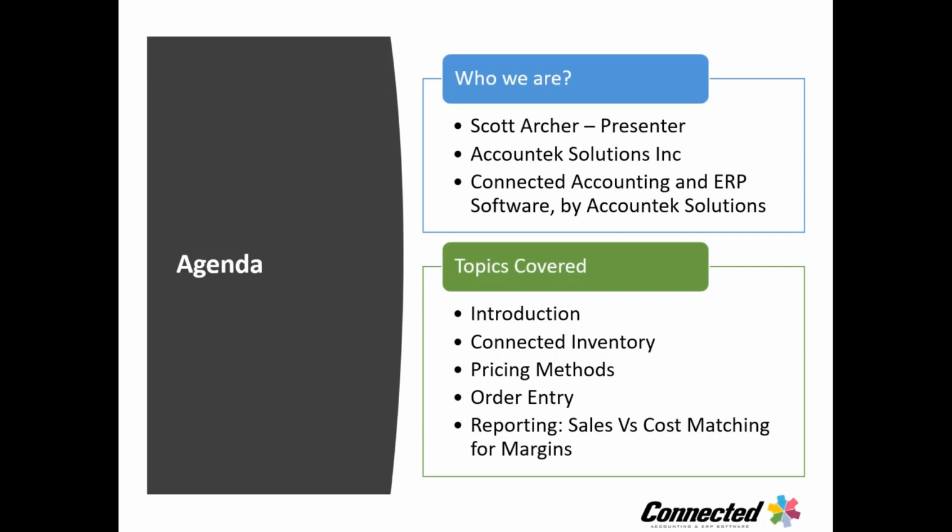Connected is a vast program. We're just going to discuss a little bit about what it is, and then we're going to focus on some of the inventory aspects of the program, pricing methods, order entry, and if we have time, a quick example with some of those previous examples on a reporting with a sales versus cost matching for margins.